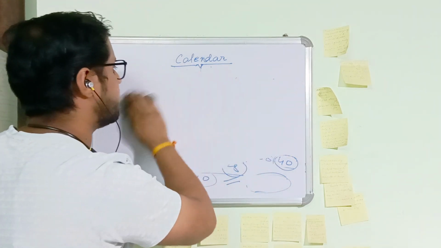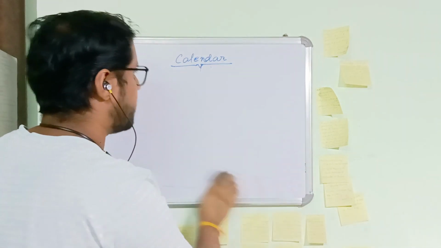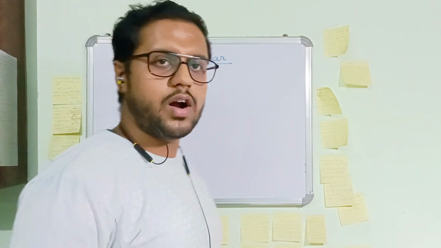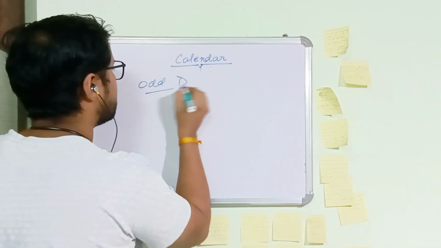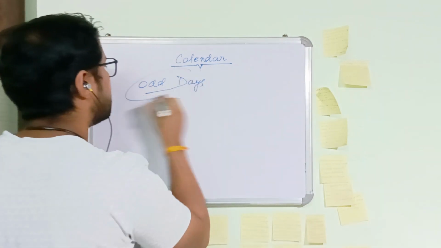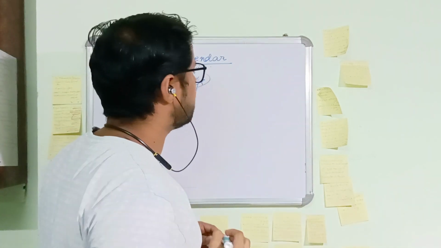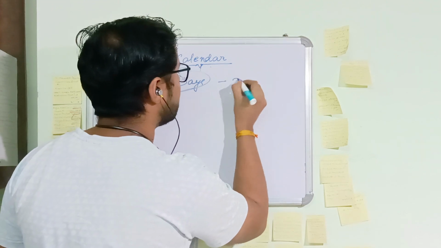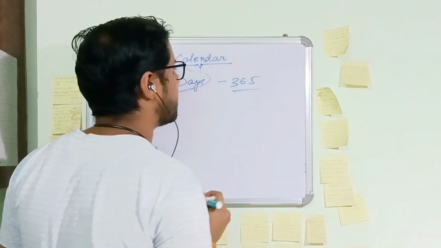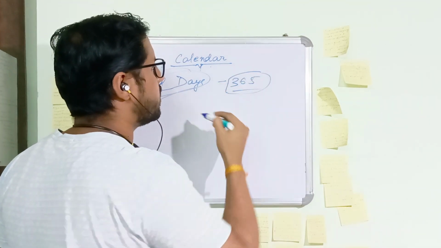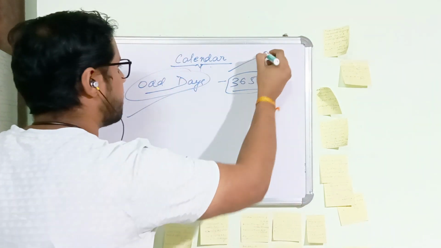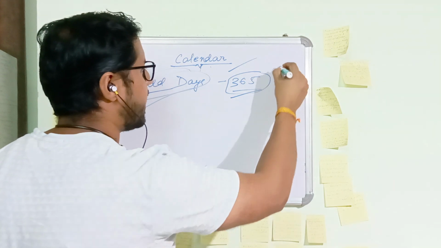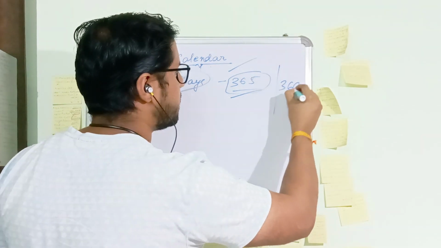What is that concept? There are two concepts left. First of all, odd days. What are odd days in a calendar? Odd days means, for example, there is a number given, 365. In a normal year there are 365 days, and in a leap year there are 366 days.